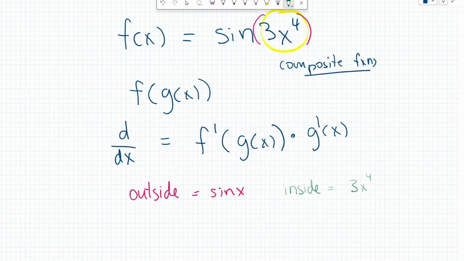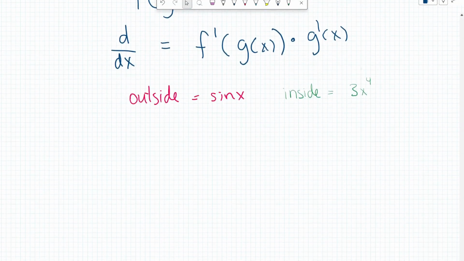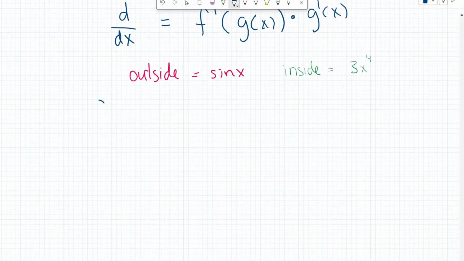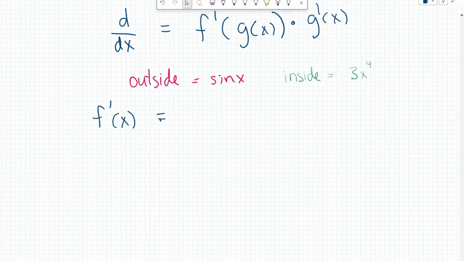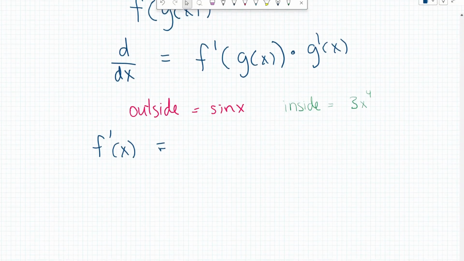So now let's combine our knowledge, understanding the outside function and the inside function, with our formula for the chain rule to find the derivative of this function. Okay, so we're going to use prime notation, so we're looking for the first derivative of f. We're taking the derivative of the outside first, so we know that the derivative of sine equals cos.